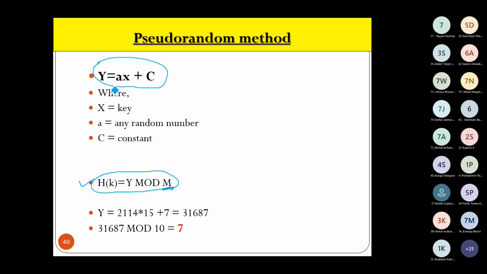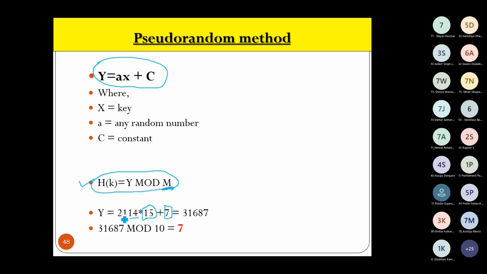So here in this case, y equal to ax plus c. Suppose our randomly selected number is 2114, and the key is 15. Just assume that our key is 15 and the constant is 7.